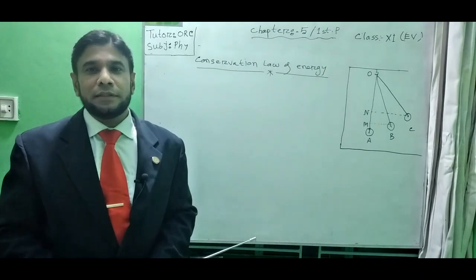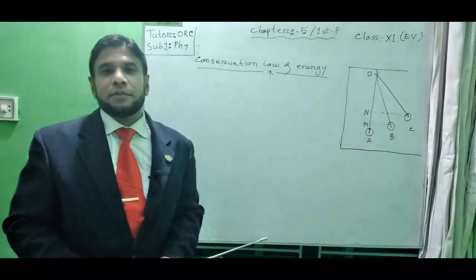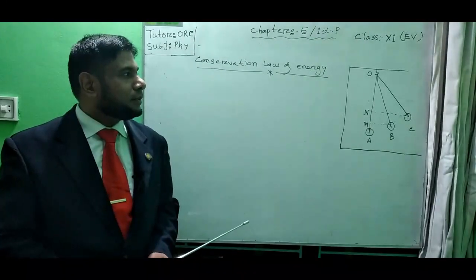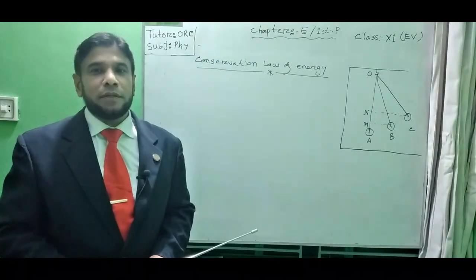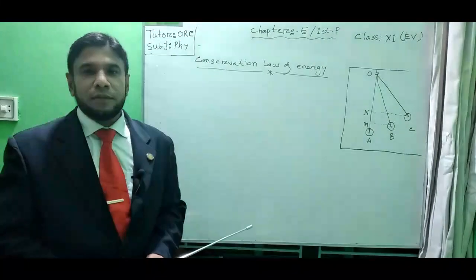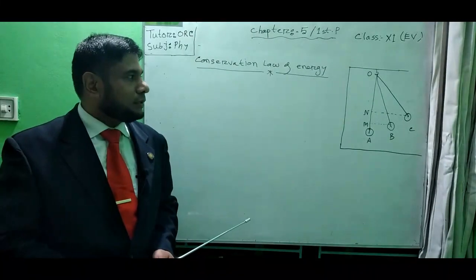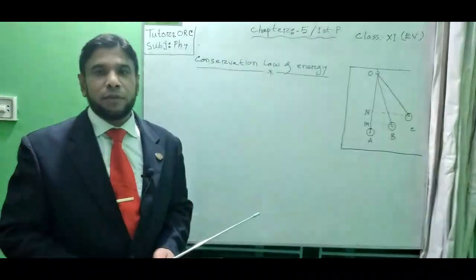Now we will discuss important topics from Physics First Paper, Chapter 5, Work, Energy and Power: the conservation law of energy. In our lower class, at SSC level, we also discussed the conservation law of energy in the case of a freely falling body.